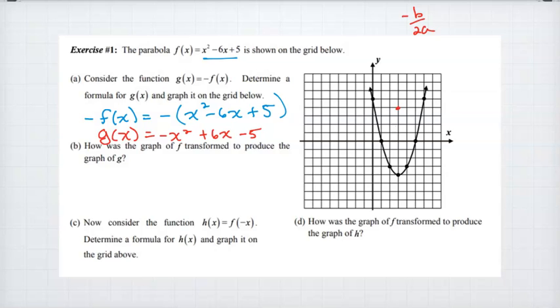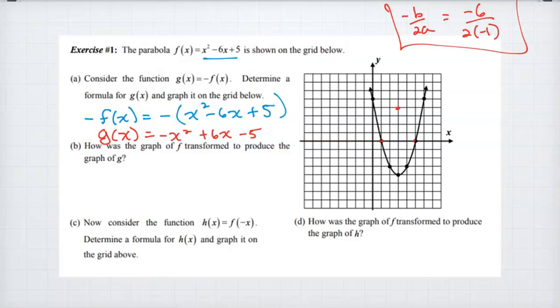So in this problem, b is 6, so negative 6 over 2 times negative 1. If you don't remember that, that's okay, we'll get there. But that means the x value of the vertex would be at 6 divided by 2, which is 3. So it's still at 3, and if you plug 3 in, g of 3 would be 5.